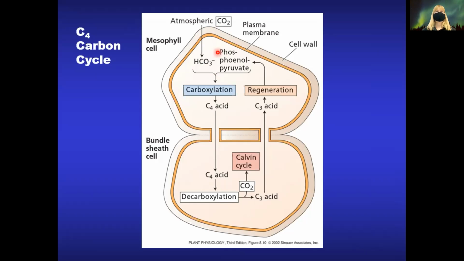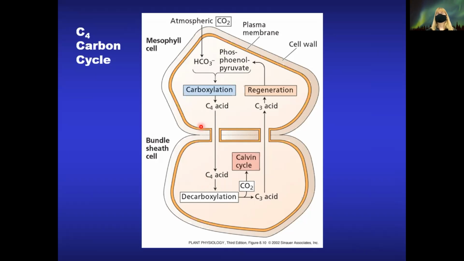So when CO2 comes into a C4 plant, it's not going to react with RuBP right away. Instead, it'll react with phosphoenol pyruvate, and it forms a C4 acid, which is oxaloacetate, and I'll show that on the next slide. Then it converts to malate. I'll walk you through all this. And then malate will come into the bundle sheath through the plasmodesmata.